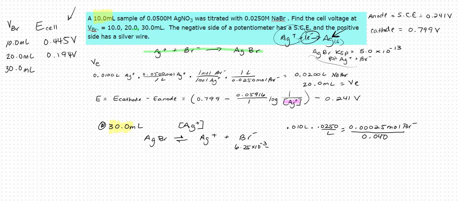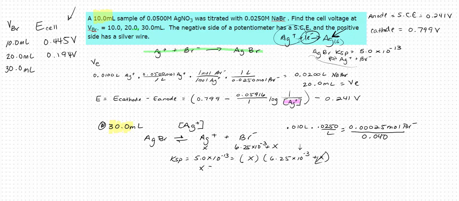So that plus some value X that I don't know, the concentration of my silver is still going to be X, and I can set up my KSP. So the KSP is going to be 5.0 times 10 to the negative 13, and that's going to be equal to X times 6.25 times 10 to the negative third plus X. Now, this is one of those cases we can simplify because this X is just going to be insignificant compared to the initial concentration.